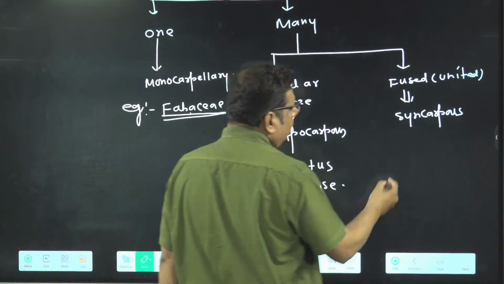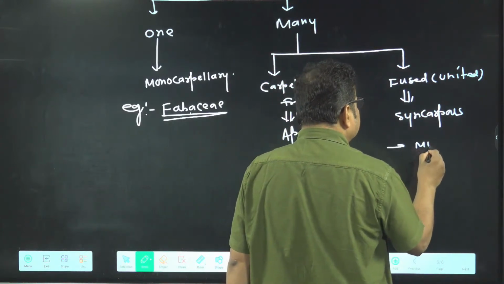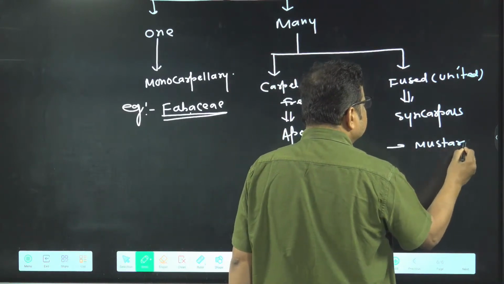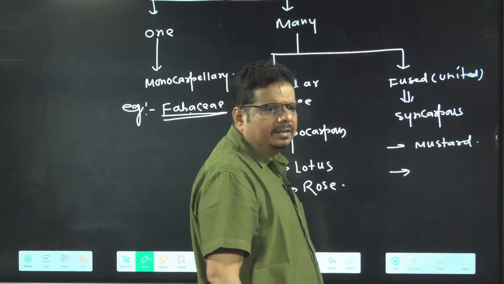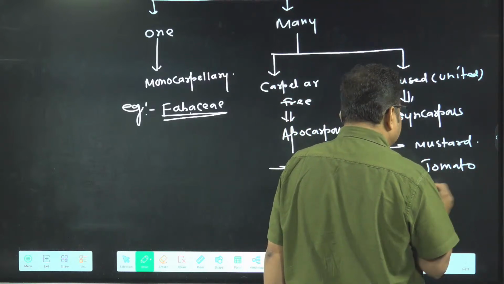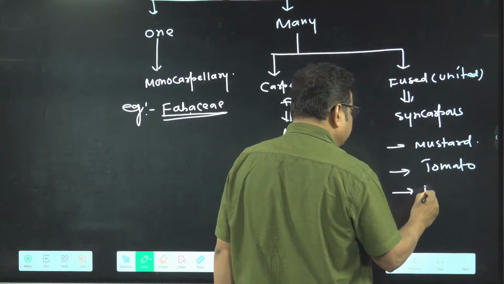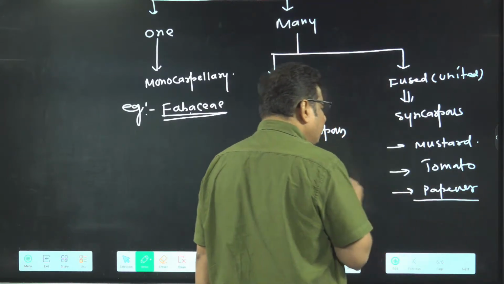And what NCERT wrote in the case of syncarpous? You can say mustard. Another example of syncarpous, what you can say? Tomato, right? One more example I am writing here is which one? Papaver. It is the poppy plant.